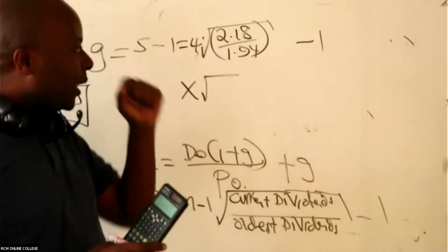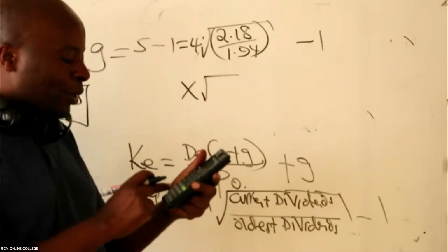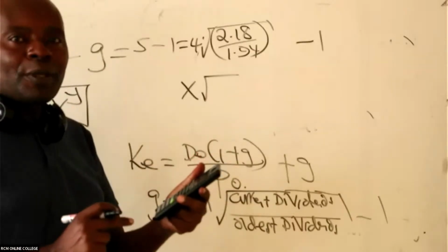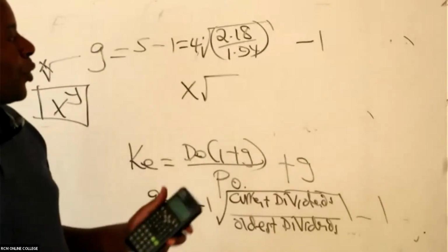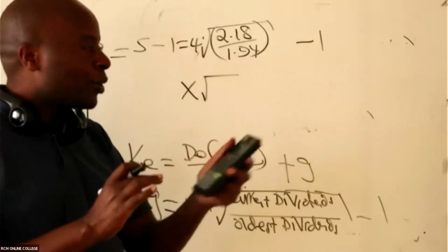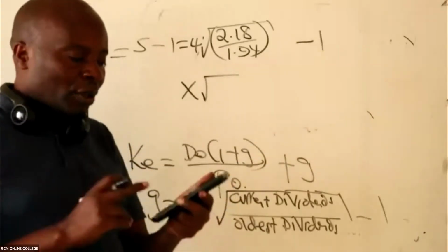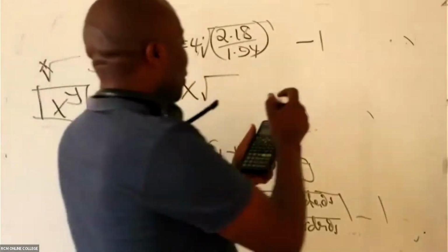Then I say 2.18 divided by 1.94. You close. Don't say anything else but equals first. So you say equals. Whatever you get, you take away 1, because this one is very independent. Is there somebody who is able to get something like this?